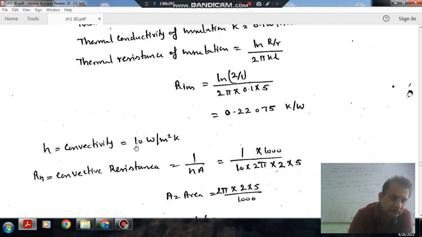Now the convective heat transfer coefficient of the outer atmosphere is 10 watt per meter square per degree Kelvin. So convective resistance will be 1 by hA.